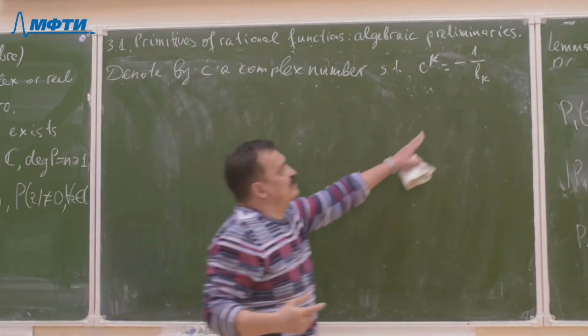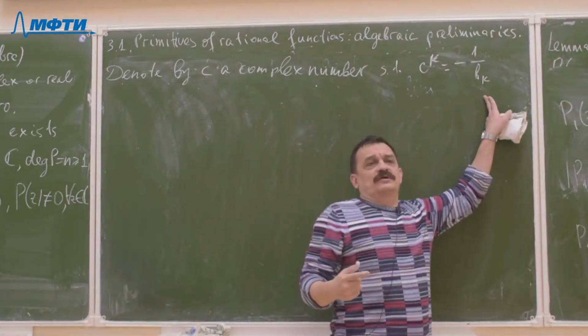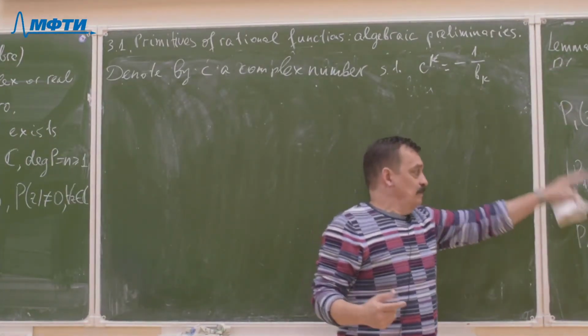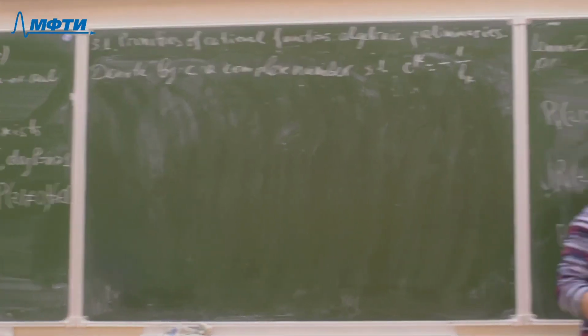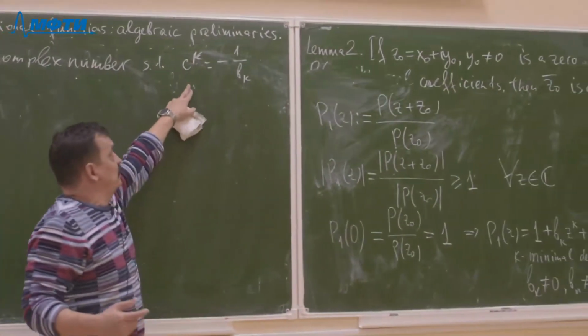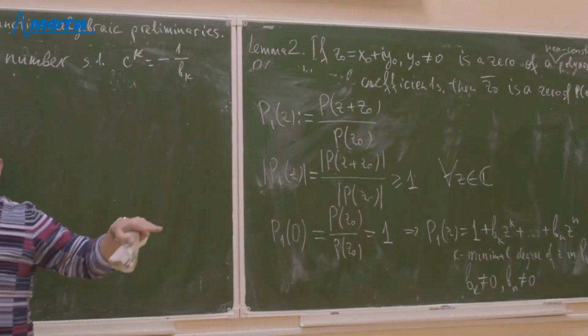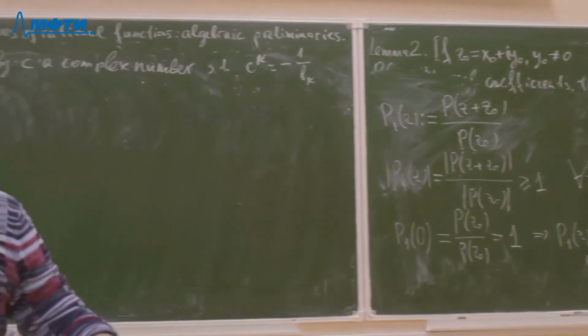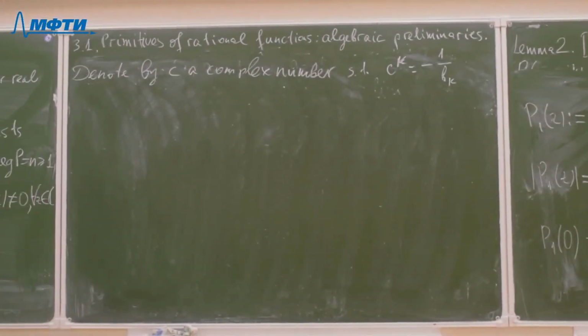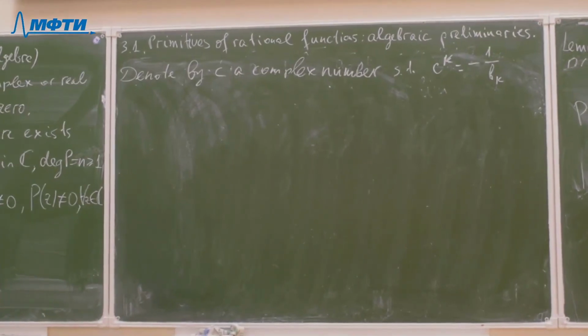Look, that is a complex number, right? b_k is not 0. That is a complex number, so we can consider the kth root of this complex number. There are many, but it doesn't matter. At least one there is, right?